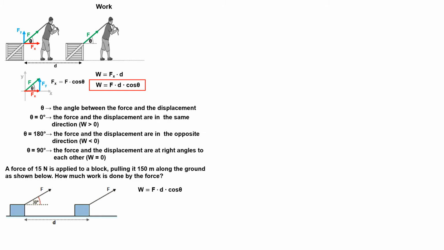The angle between the applied force and the motion is 30 degrees. In this example, the force is not in the same direction as the movement. We substitute the values and calculate the work done. Note that the answer is positive as the horizontal component of the force is in the same direction as the motion.